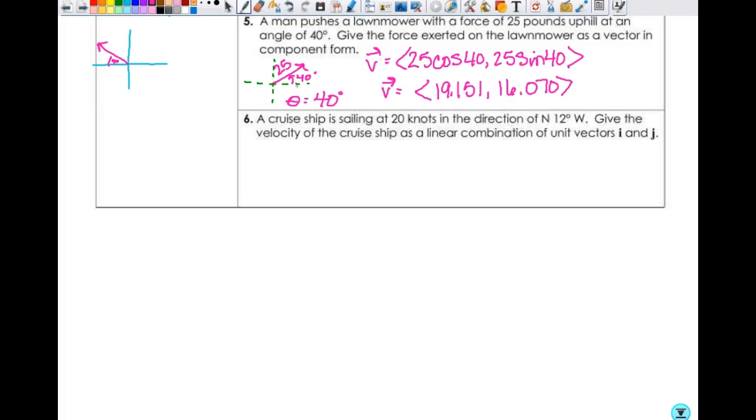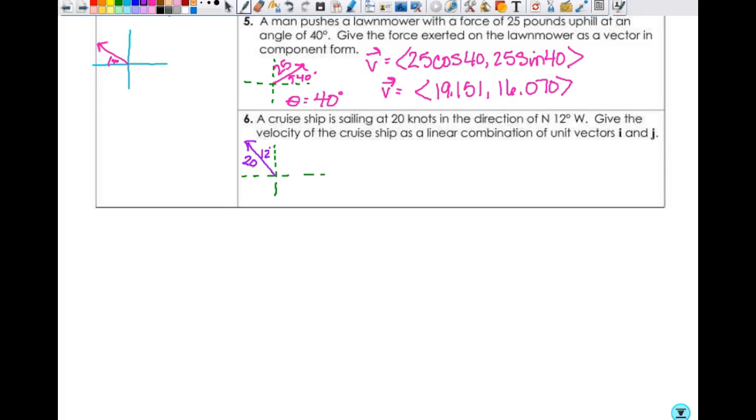What else? All right. So now we have a cruise ship that is sailing at 20 knots in a direction of north 12 degrees west. So north 12 degrees west would be right here. This is 12 degrees, right? And this is 20 knots. That's your velocity. It says give the velocity of the cruise ship as a linear combination.